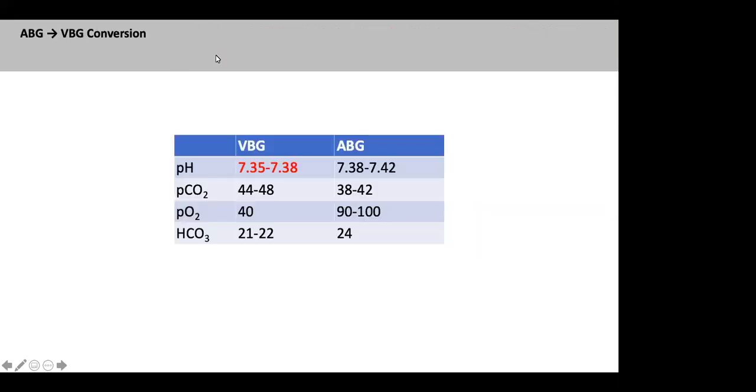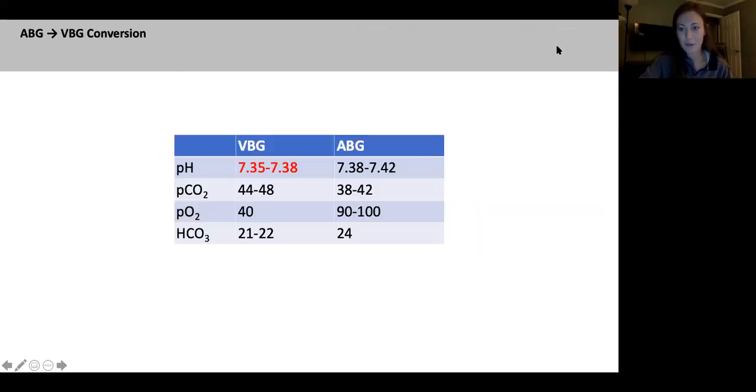Great. And then our final slide, per request by Ben, wanted to quickly cover how you can convert between ABGs and VBGs. As a general rule, an easy way to think about it is that venous blood gases are going to be more acidotic because they've passed through tissues that are metabolically active, and there are acidotic byproducts from that.